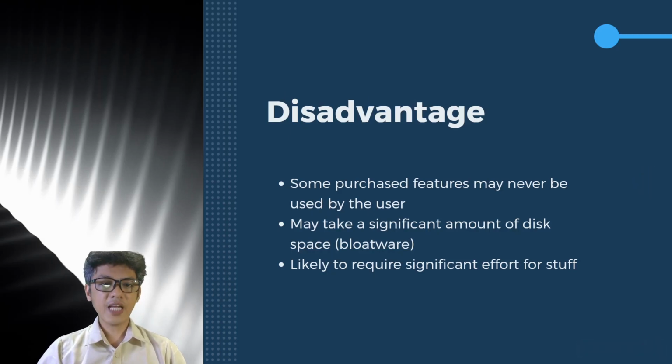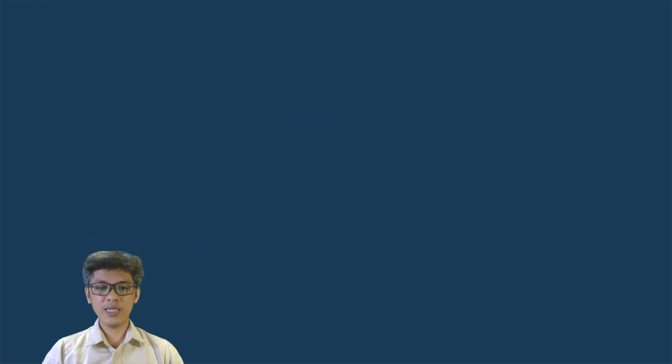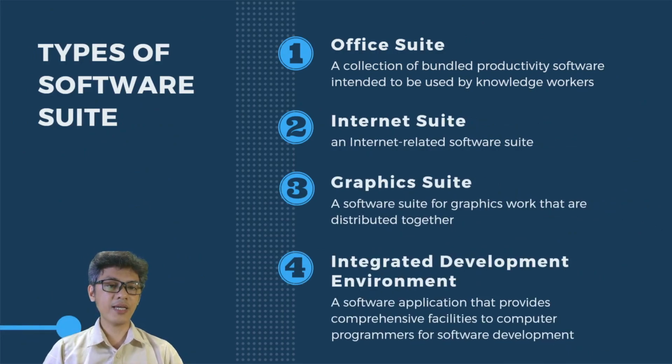Next is the types of software suites. So meron tayong 4 na types of software suite. One is Office Suite, then we have the Internet Suite, Graphics Suite, and finally the Integrated Development Environment Suites. So what is Office Suite? It is a collection of bundled productivity software intended to be used by knowledge workers.